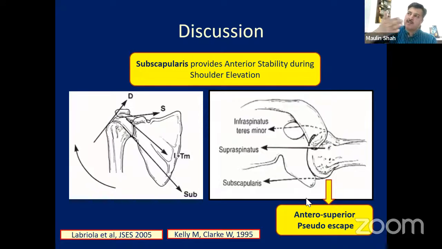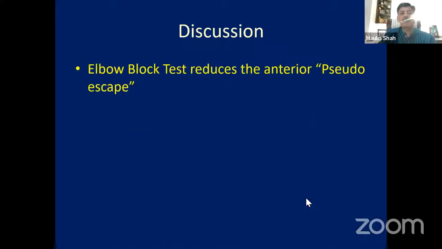As the subscapularis could not restrain the humeral head in front, it subluxates anteriorly, which we could prove through our CT scan study. And the moment we put this paddy wrap, somehow the humeral head comes back to its original position in the glenoid, and then elevation improves.